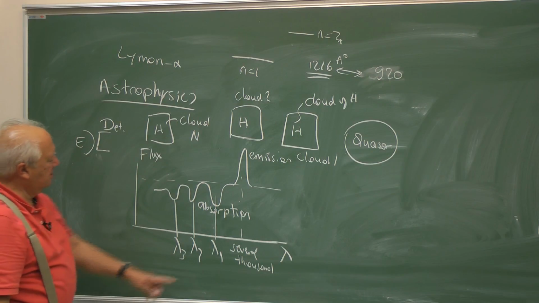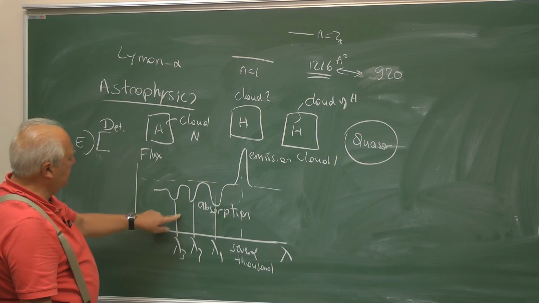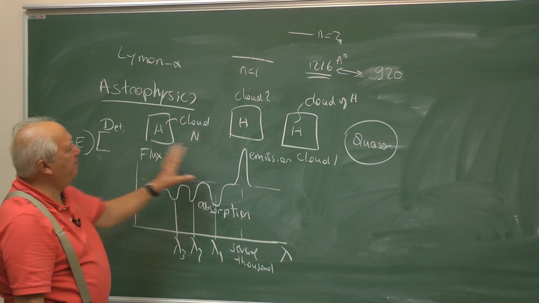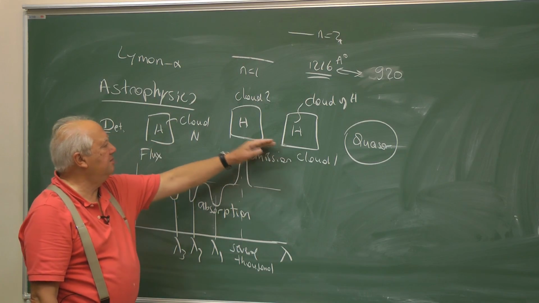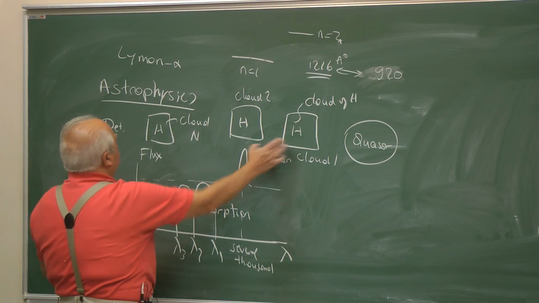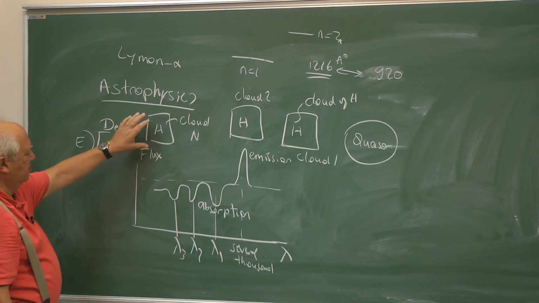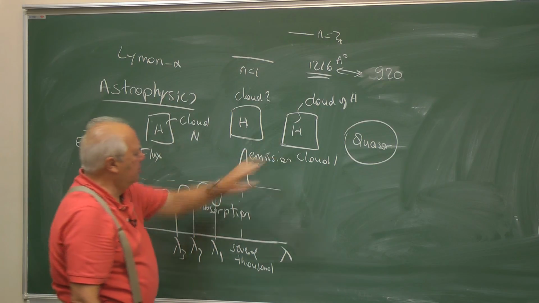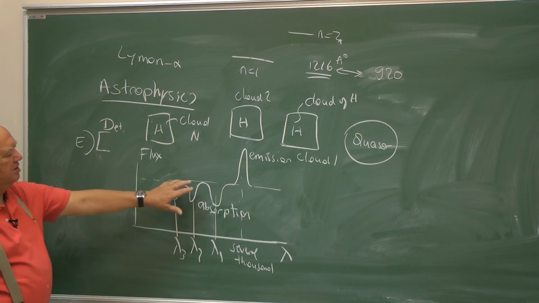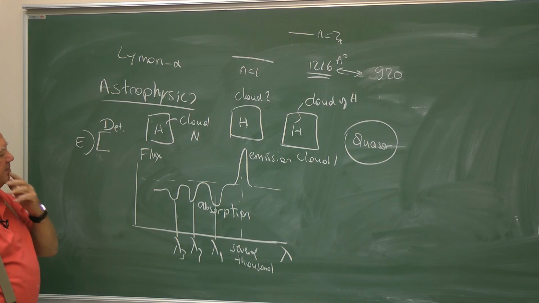Why is this lambda bigger than that one? It is because they are further away, and by the time they get to us, the universe has expanded more for this photon than for that photon. So they will have shorter wavelengths, and these will have longer wavelengths. This is called the Lyman Alpha forest, because there are many of these.